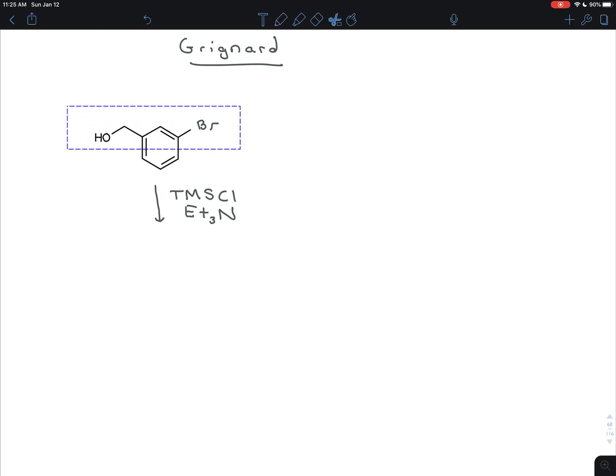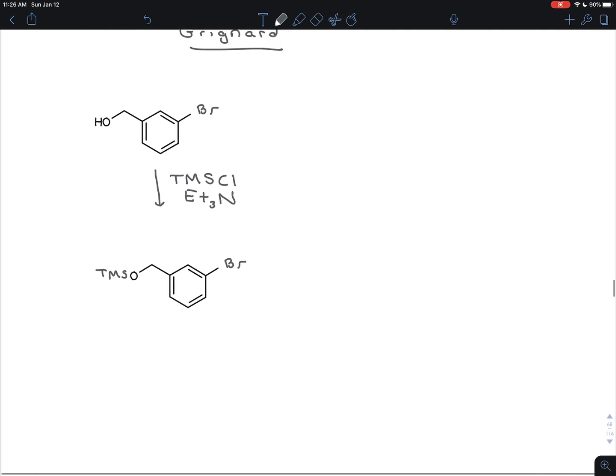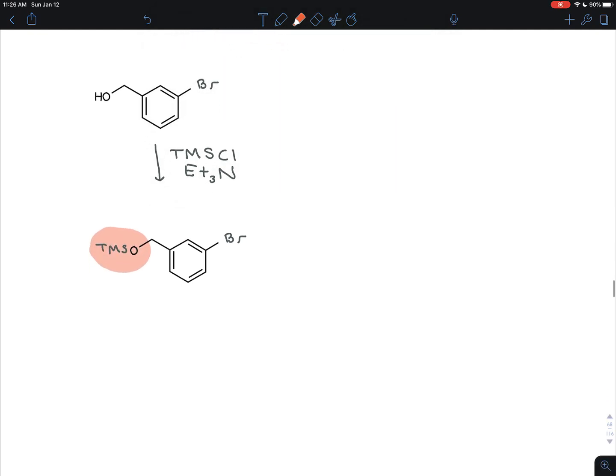So if we add those together, that will take this molecule and protect the alcohol. So instead of just the H here, we will have the trimethylsilyl group. Actually, let me just write that so there's a little more room. Trimethylsilyl. And so now that is protected, so that is not going to react anymore.